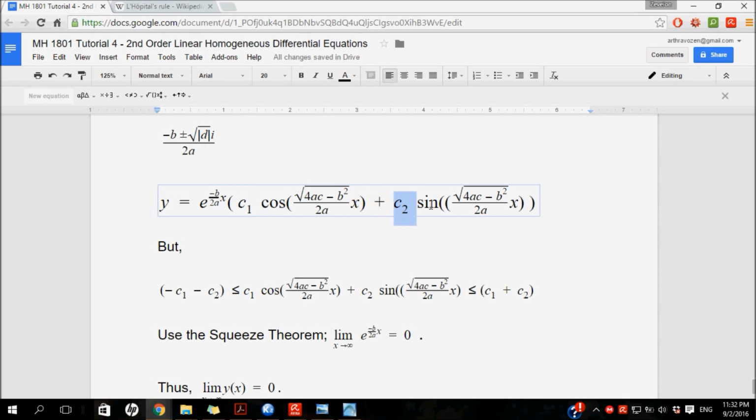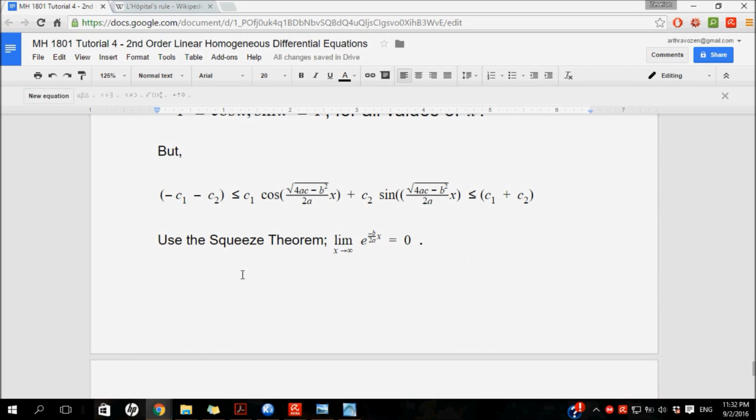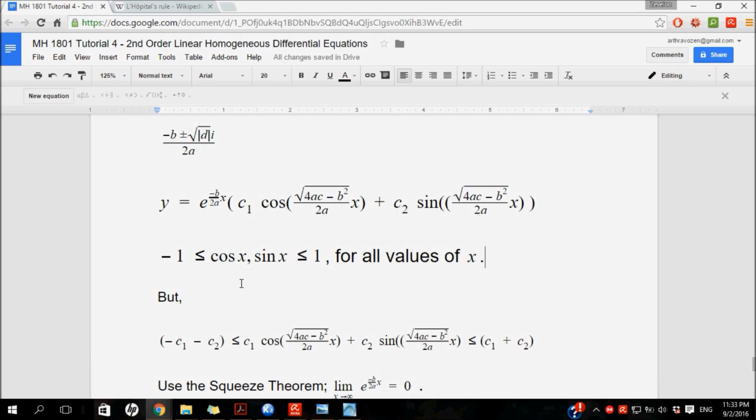It is also true for sine of x. This is right for all values of x. Using this fact, we can move on to apply the squeeze theorem. How can we do this?